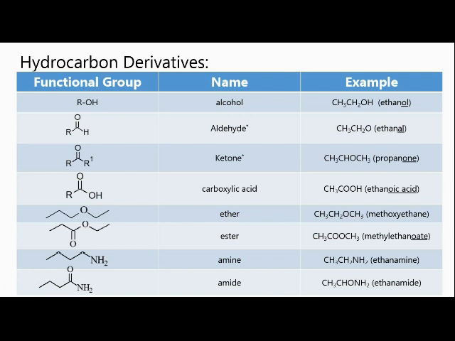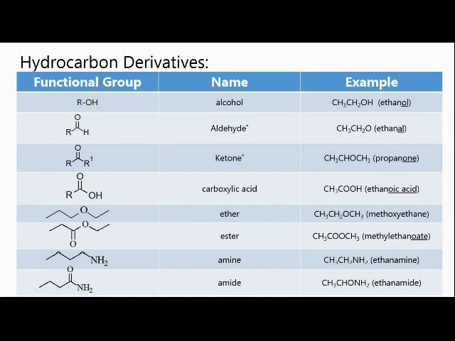And here is a summary of all the ones that we're going to be talking about. Starting with the alcohols. The way this works is we have a carbon chain of some sort.